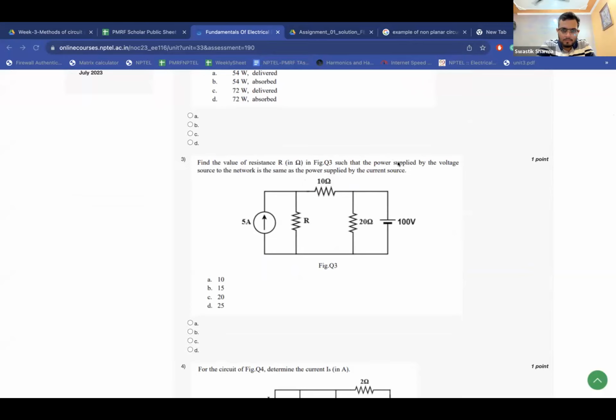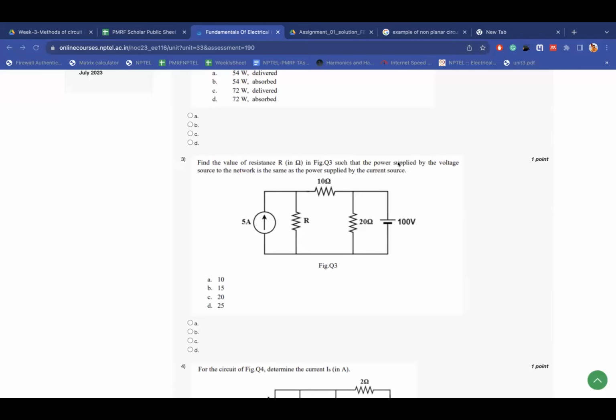The doubt is, can we apply nodal analysis and mesh analysis simultaneously for the same circuit, sir? You need to find R such that the power supplied by the current source is the same as that of the voltage source. With nodal analysis only you will get the answer, I guess. Nodal only. Yeah, I want to know.